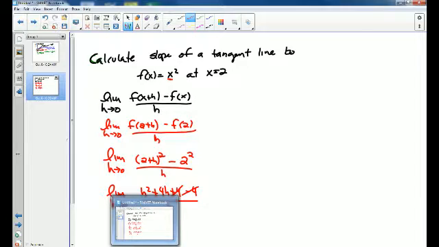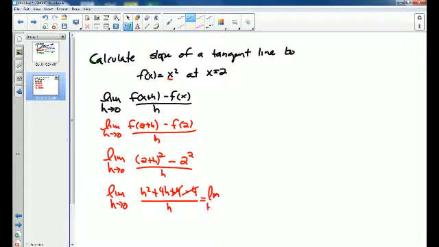Anybody see what to do now? Yep, factor. Cancel, right? Plug and chug. Very straightforward.